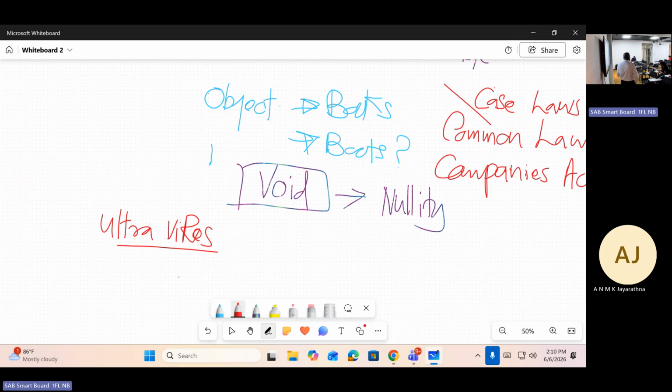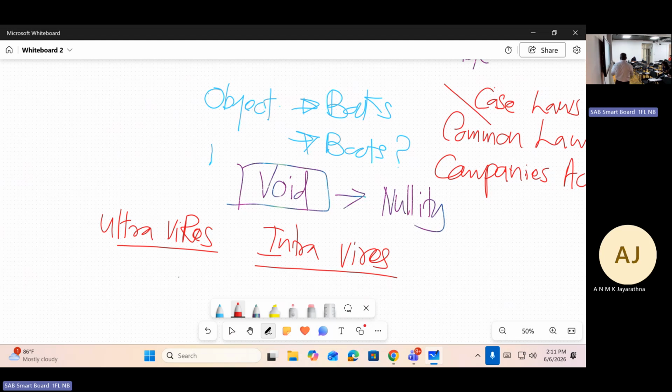Ultra vires means beyond the objects. The opposite is intra vires, which means within the objects; these transactions are valid. If the transaction is beyond the objects, it is named an ultra vires transaction.